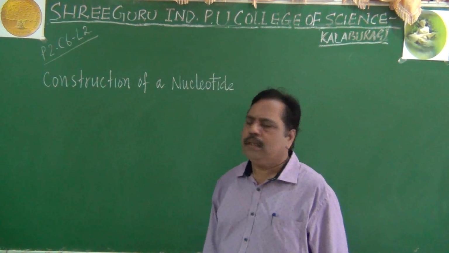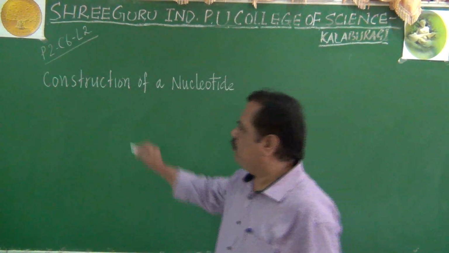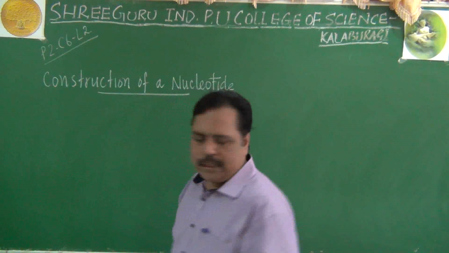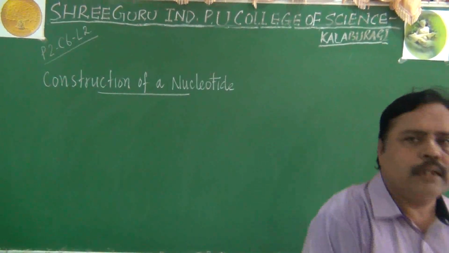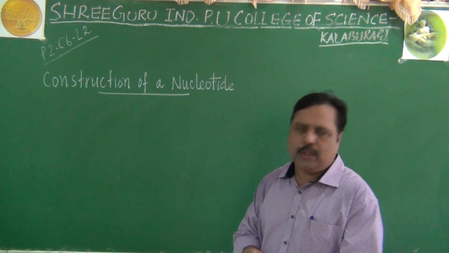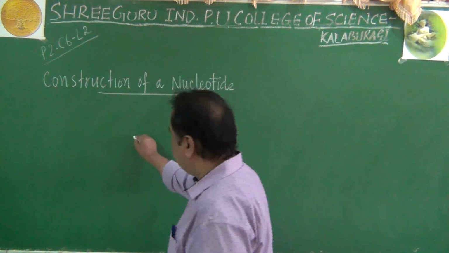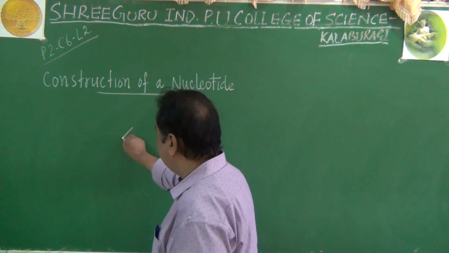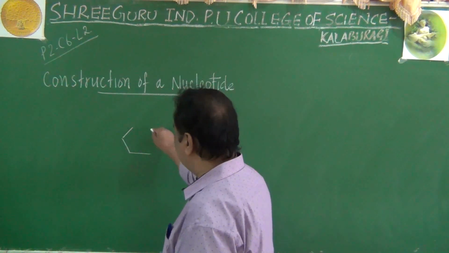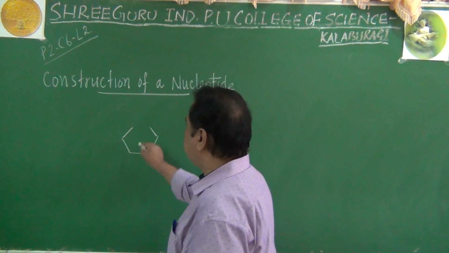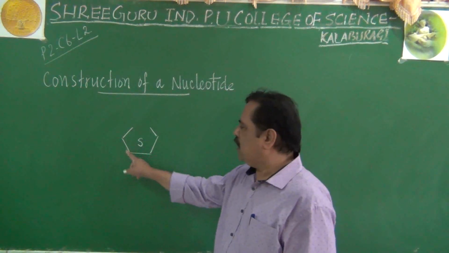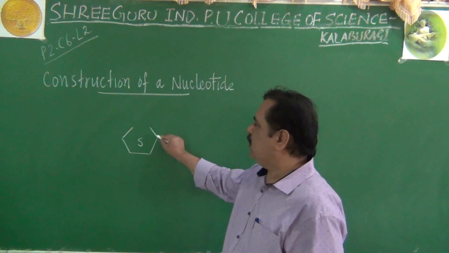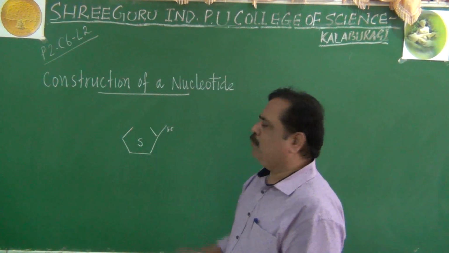As we have seen, any nucleotide will have a centrally located sugar molecule in it. So basically, a nucleotide will have a sugar molecule like this. We have seen already, this is a pentose sugar. This is the first carbon atom, second, third, fourth and fifth carbon atoms will be present here.